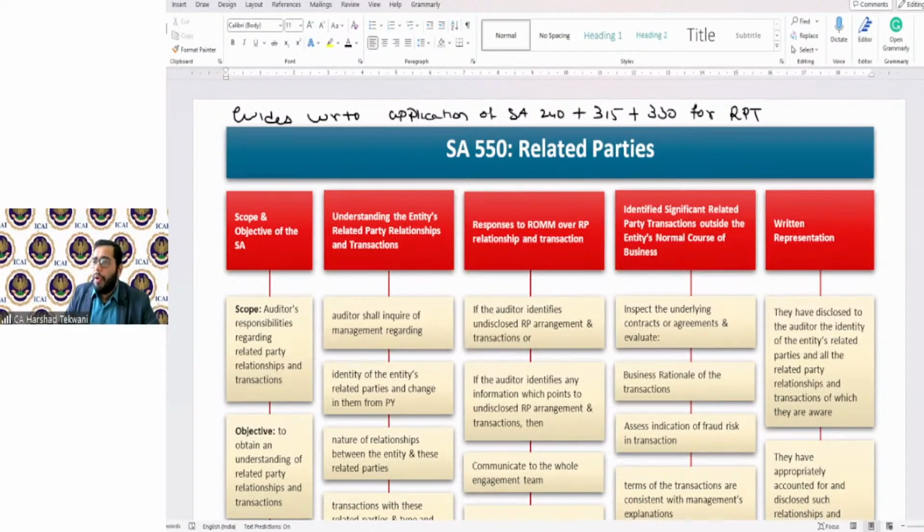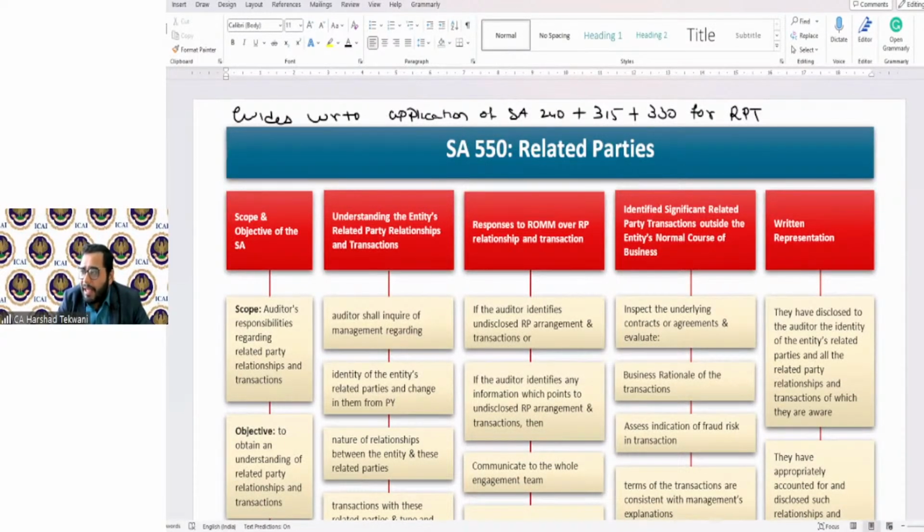Now, many related party transactions are in the normal course of business. It's not necessary that a related party transaction means there is a misstatement. There can be normal risk of misstatement with respect to the related party transaction in the financial statements, because they are in the normal course of business, as we have other transactions with unrelated parties.